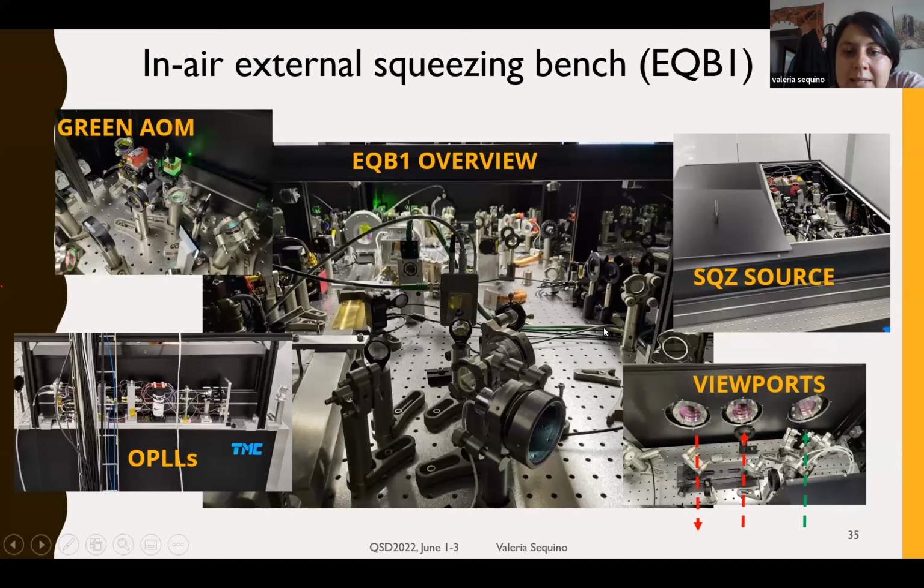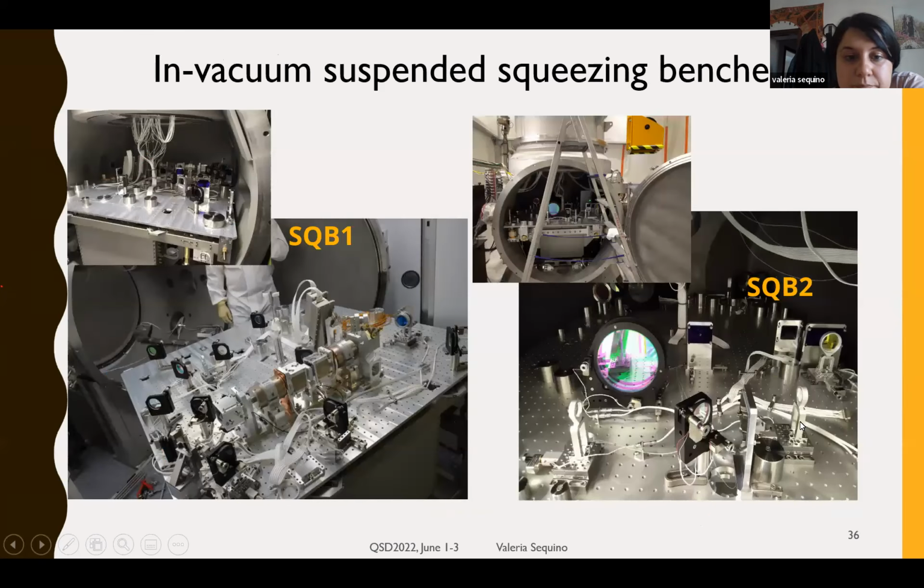We have the external inner bench, that is this one. Here is some particular detail on the bench. There is a viewport that connects this inner bench with the suspended bench. Here we can see the suspended benches outside the vacuum tank, and here inside the vacuum tank, but with the vacuum broken, because we have to break the vacuum, of course, to open the tank.